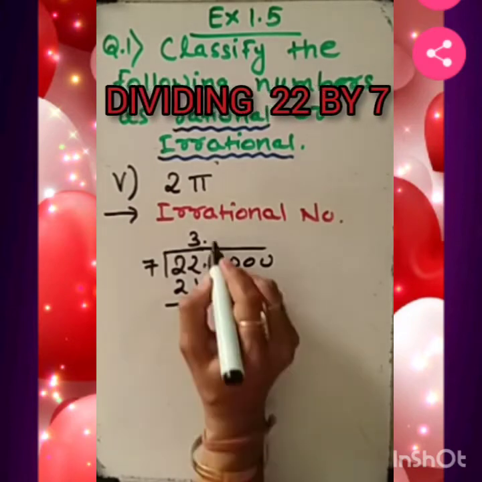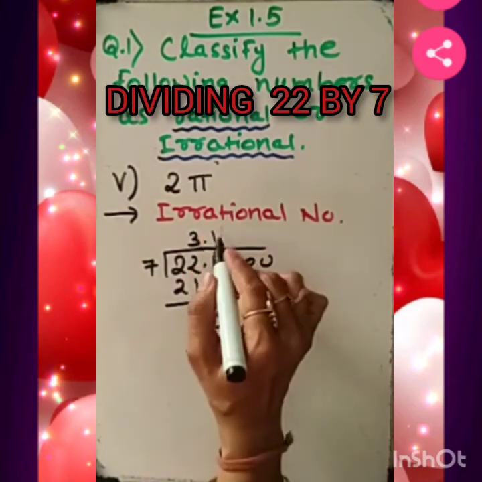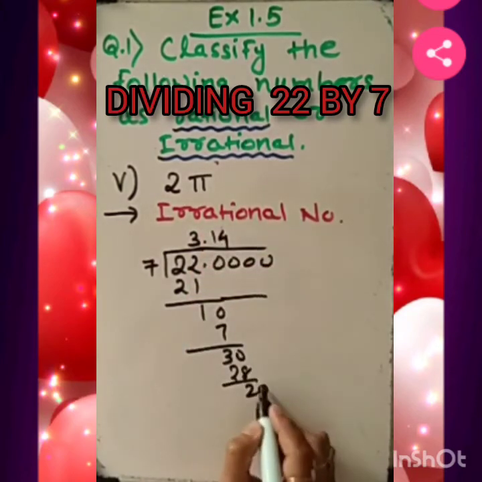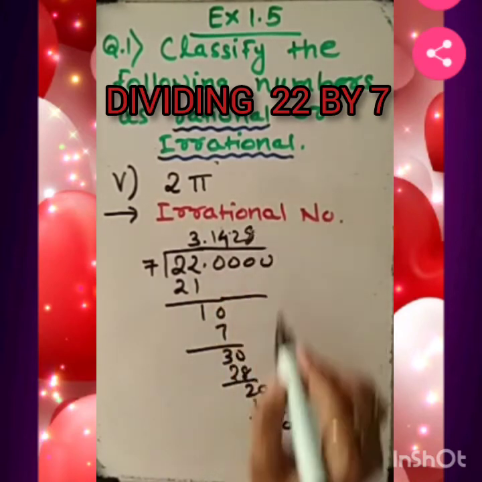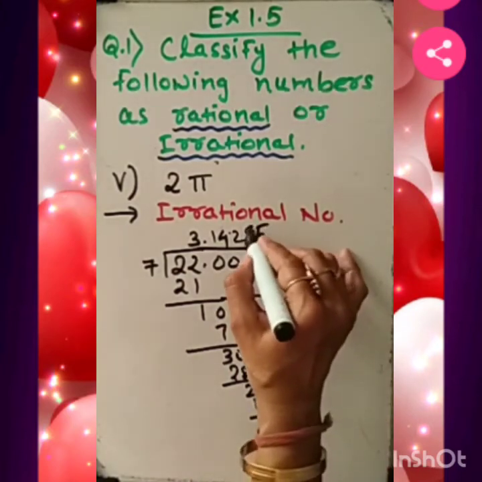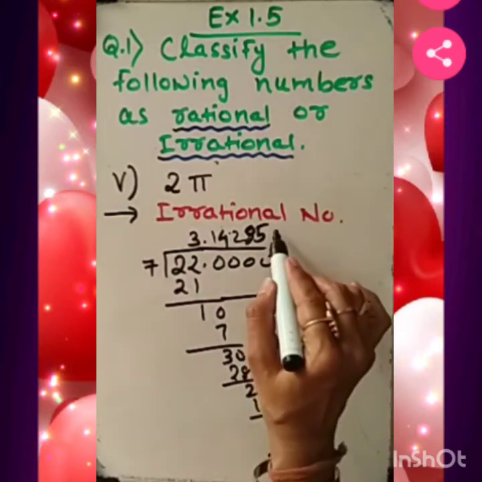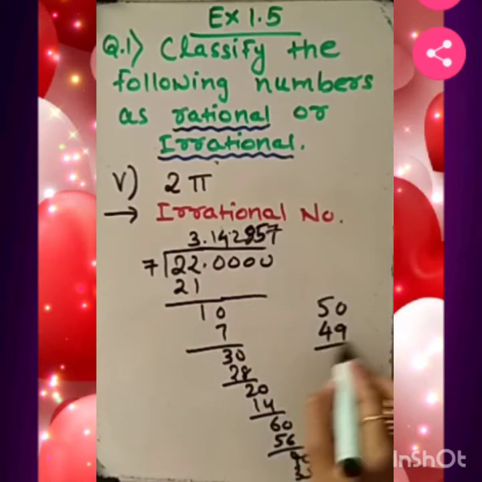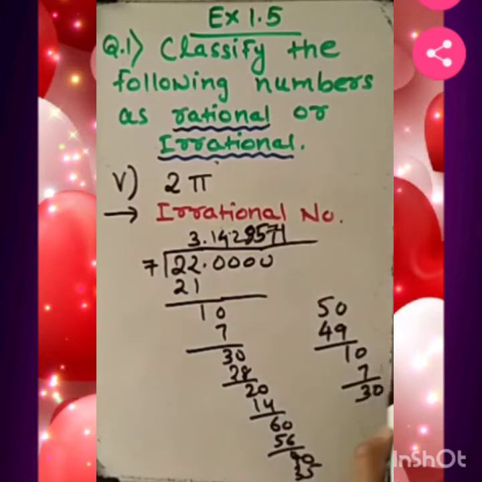So 10, 7 1s are 7, 30, 7 4s are 28, 20, 7 2s are 14, 60, 7 8s are 56, then 40, 7 5s are 35, 5 will be left, so 50, 7 7s are 49, then 10, again 7 1s are 7, then 30, 7 4s are 28, then 20, 7 2s are 14.